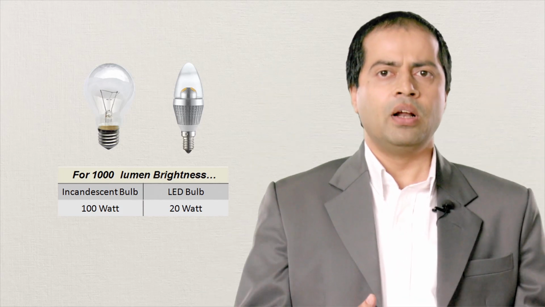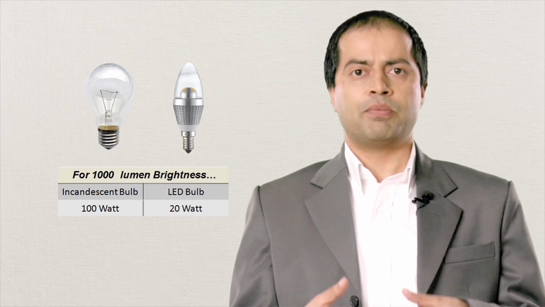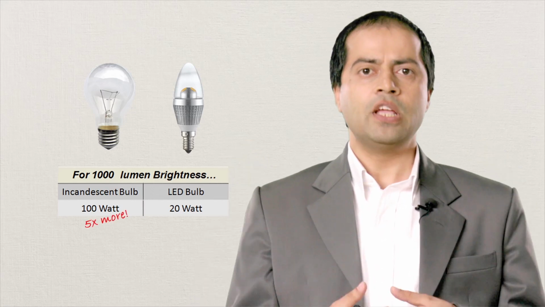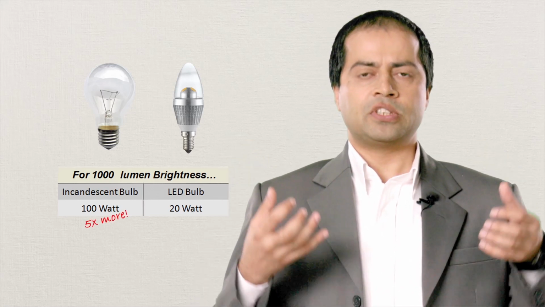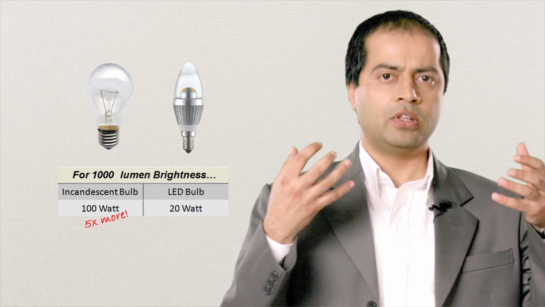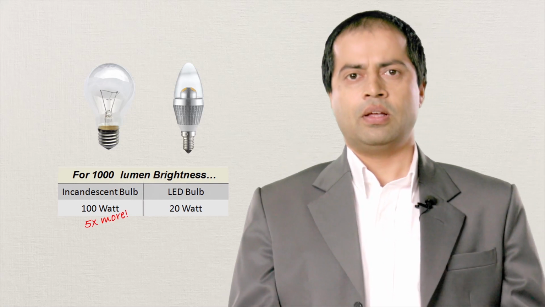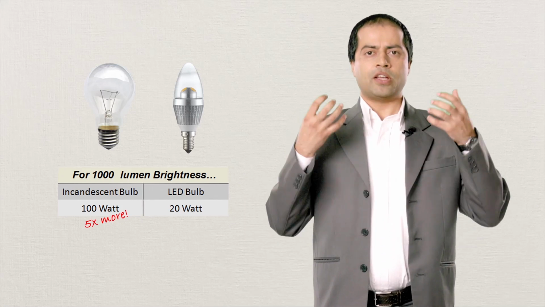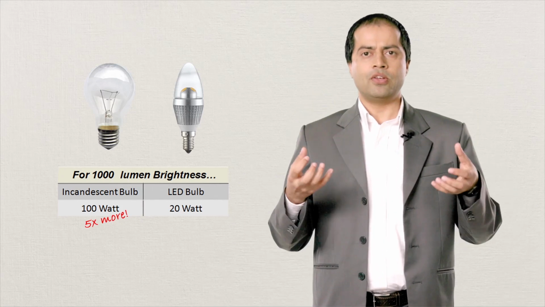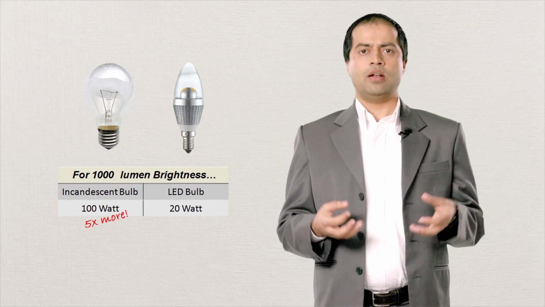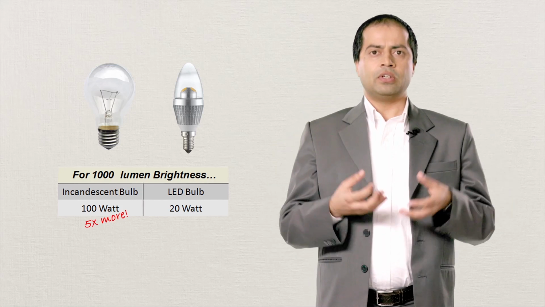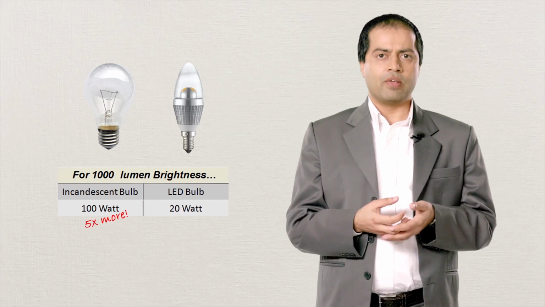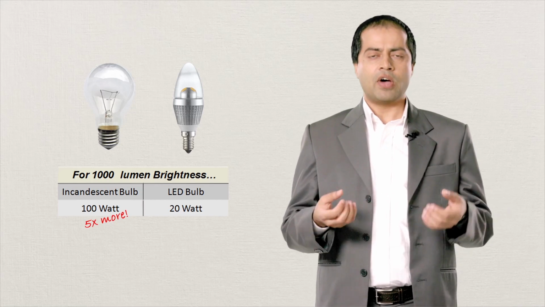In this example, as you can see, the incandescent bulb needs 5 times more energy to produce the same light effect compared to the LED. This example shows that a significant amount of energy can be saved using an energy efficient technology. And saving input energy also means saving money as well as reducing environmental impacts.